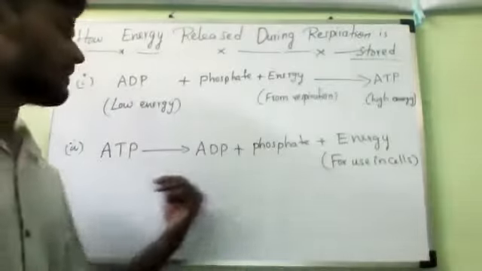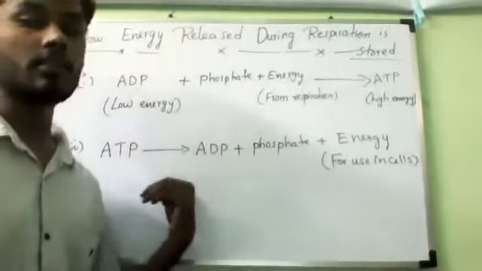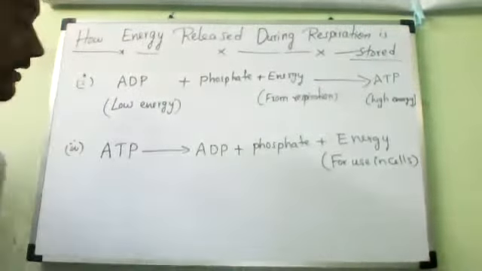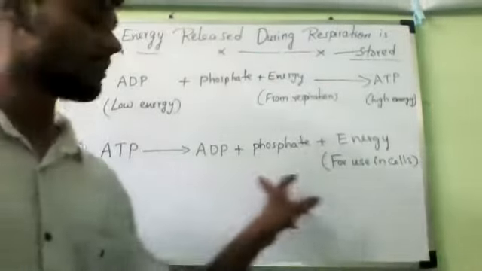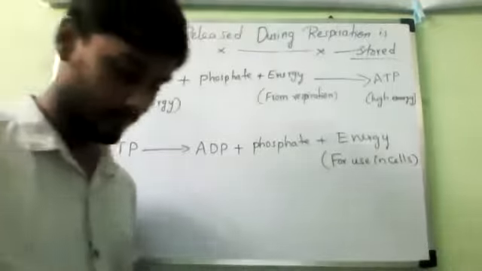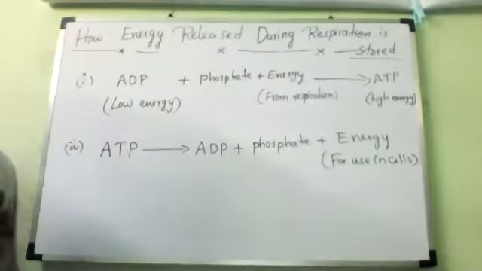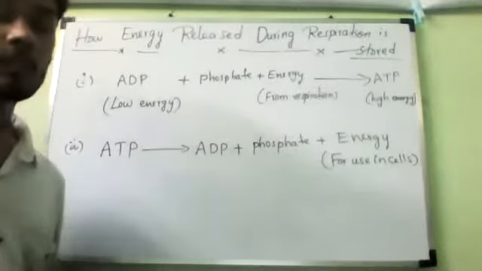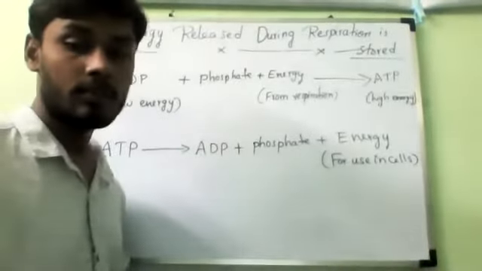So down you can write this equation. Second equation this is. This equation you should write. Do you understand now how it is happening? Write this. Very, very important this is.